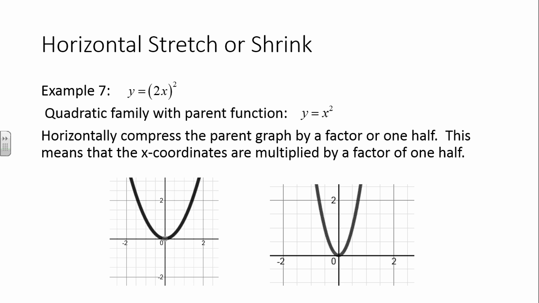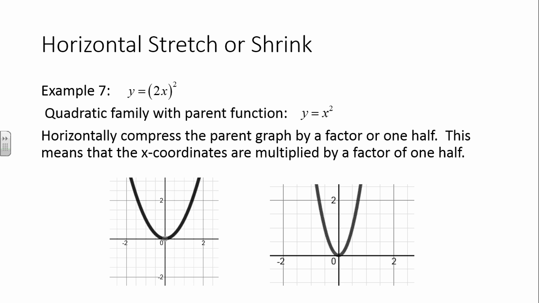Now, by the way, on this one, if you did choose to rewrite it as y equals 4x squared, then that 4 out in front would actually look like a vertical stretch by a factor of 4, which if you compare it to my second graph there, if you were to pick stretching our parent graph by a factor of 4 vertically, the graphs match up. So it's kind of a matter of how you're looking at it.